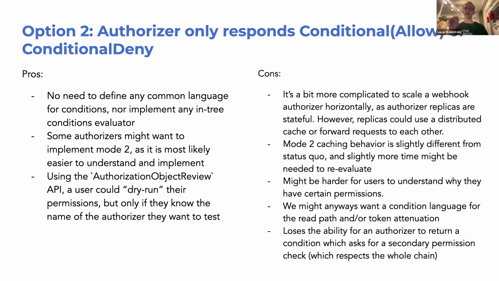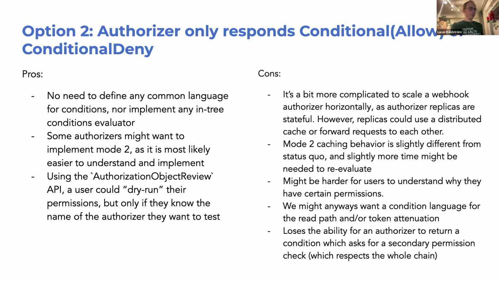If you have context keys that are opaque to Cube, but semi-structured for the authorizer, and the replica ID of the authorizer that has this partially evaluated result in memory is part of the context key, then regardless of which authorizer replica gets the request from the API server, it knows which other replica to forward to, which could then handle the request and resume from memory. Caching is slightly different, but in many cases it might not matter.